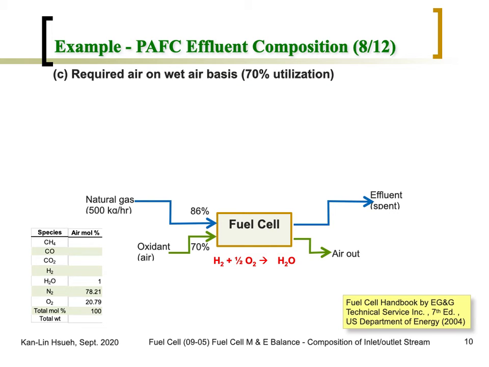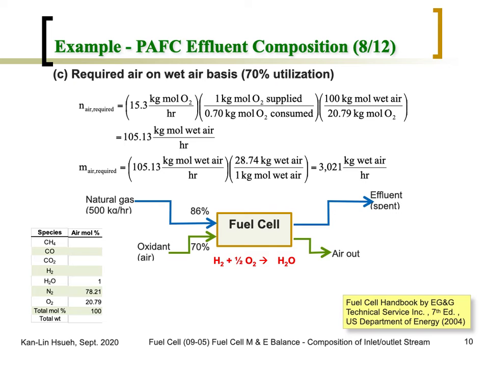So from here, we can calculate the air required in molar ratio or in mass ratio. First, in the molar ratio, we already know the oxygen consumption rate is 15.3 kilomole per hour, and the utilization rate is 0.70, so we divide by 0.7. We end with how much oxygen is actually fed through the fuel cell inlet.